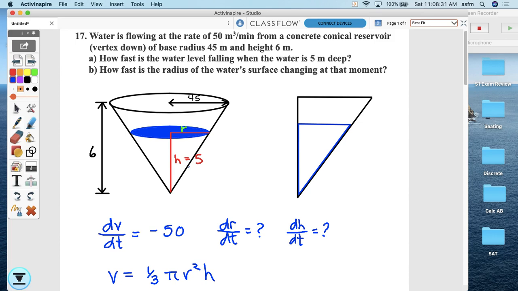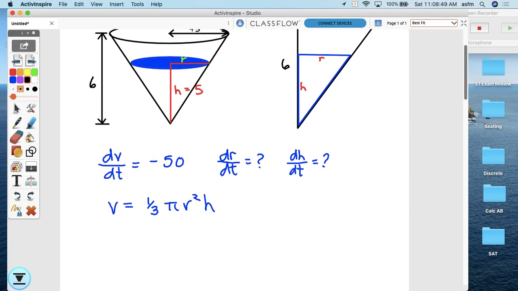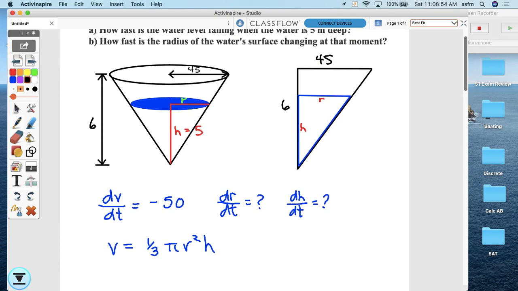So in my similar triangles, inside the blue triangle I have an H and an R. And outside, in the black triangle, I have a 6 and I have a 45. And that allows me to connect these up, and that's going to be very helpful. So I can say here that in this triangle, H is to R as 6 is to 45.